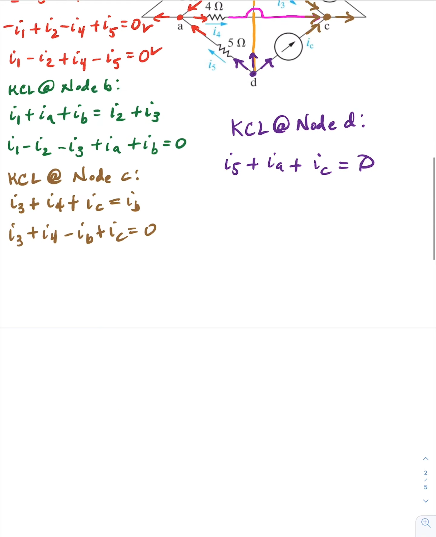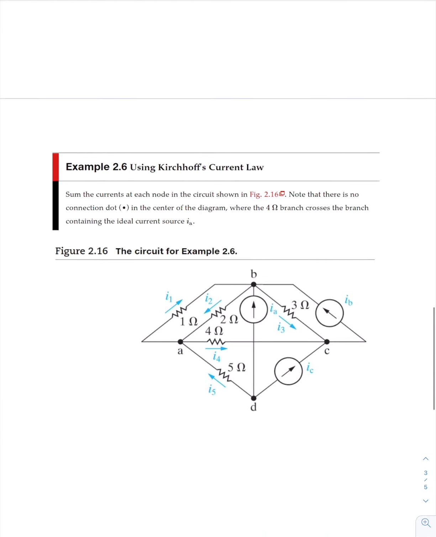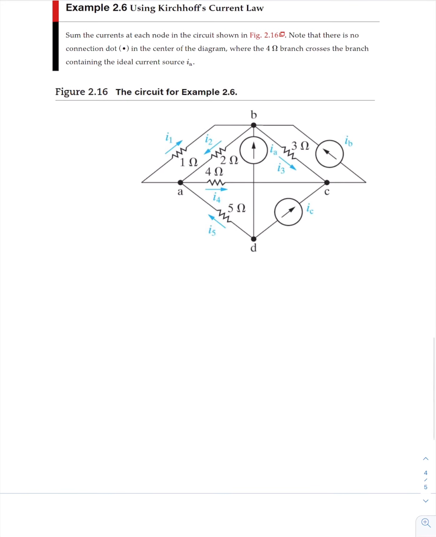Now, I did mention during lecture that if this statement had not been made, then this would be one node combined. So let's analyze as though those two do have a connection and we have one single node there.